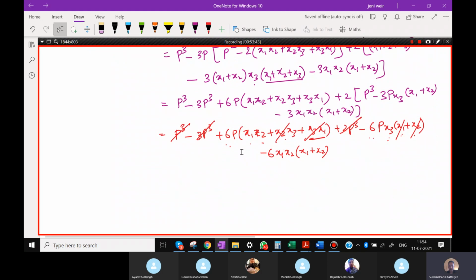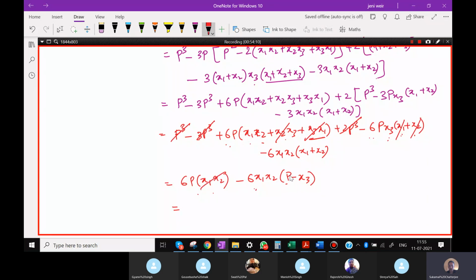x1 x2 6p into x1 x2, which is 6p x1 x2 minus 6x1 x2 into x1 plus x2, which is p minus x3. So this is 6p x1 x2 minus 6p x1 x2.